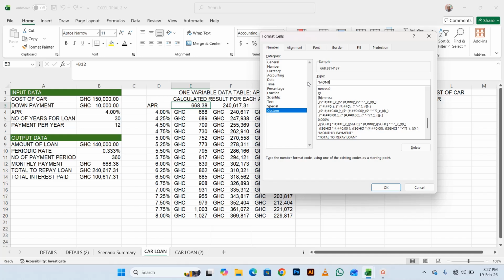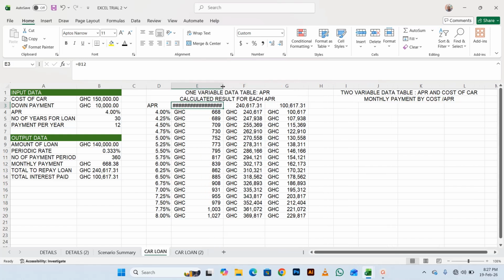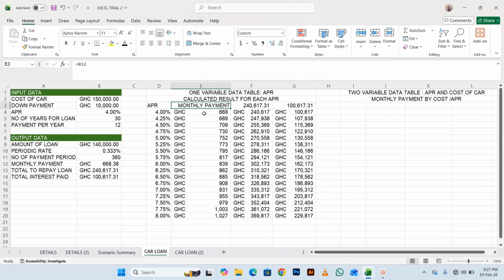Then you close it with the quotation marks and click enter. Many of you, when it turns out like this, think you've done something wrong. Just open it and you are good to go. So this is the monthly payment.